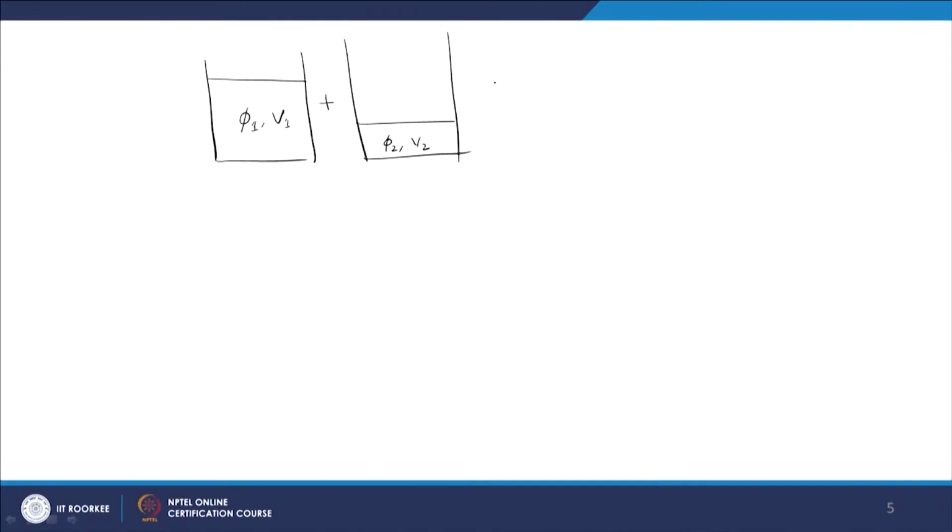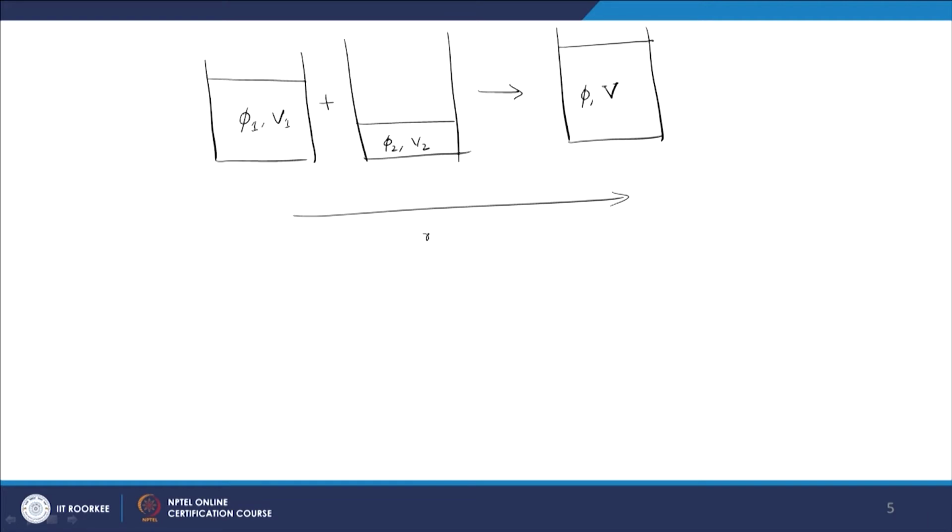If I add them together, we may form a new volume V with a net volume fraction phi. This will only happen if the system has a tendency to mix.